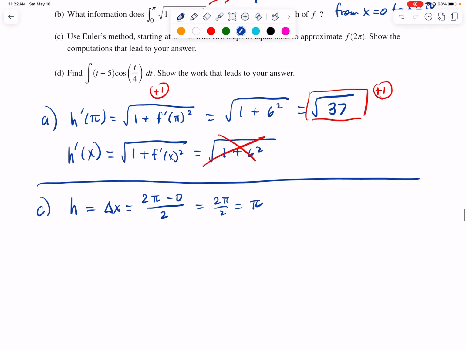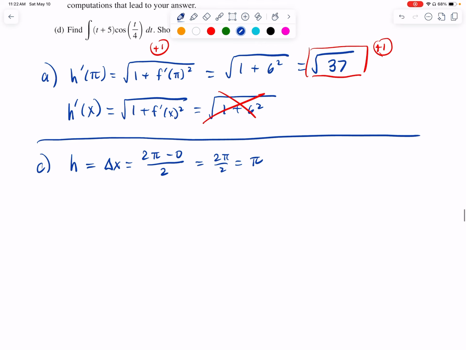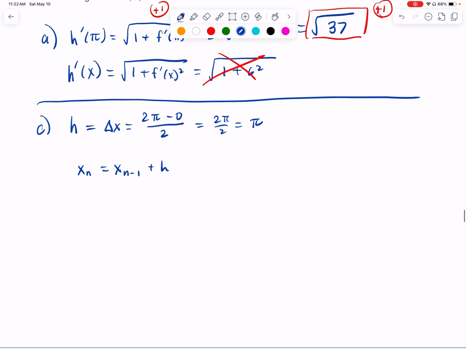Okay, and now Euler's method, let me just kind of recap and generalize what this thing is all about. In order to get your new x value, so I'll say x sub n, this is equal to your previous x value, and then plus your step size here. So for us, it's going to be plus pi, right? So it's sort of recursive in that nature.